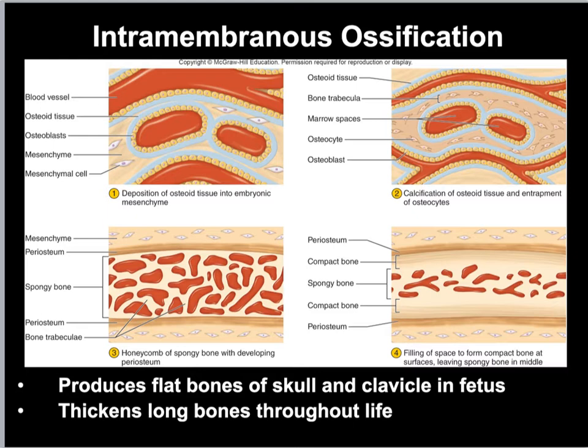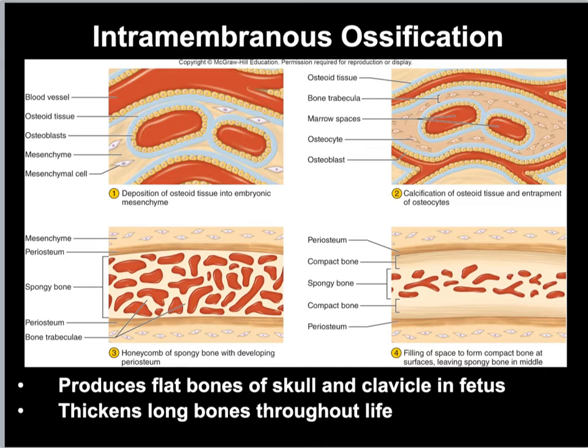In step 2, we have that osteoid tissue has been made, and most of the mesenchyme has been turned into osteoid tissue, and the osteoid tissue begins to calcify. So we attach calcium hydroxyapatite to the extracellular matrix, the collagen, and everything like that, and we get the formation of the first true bone.